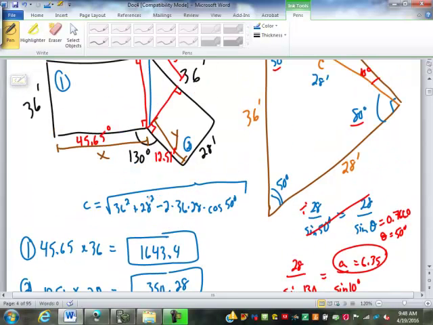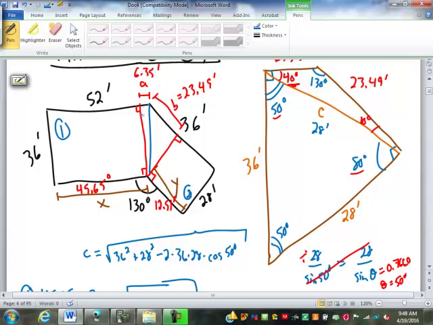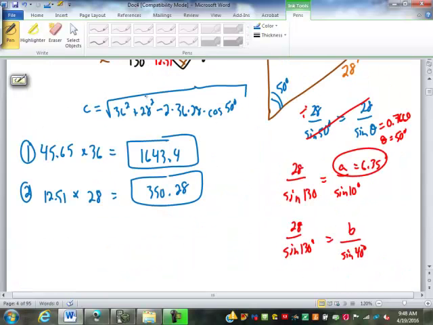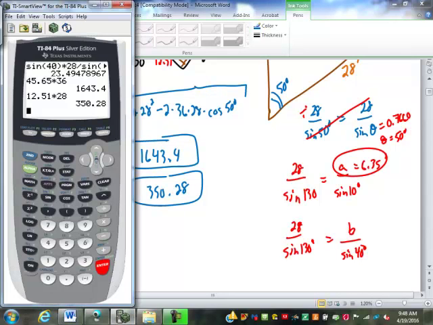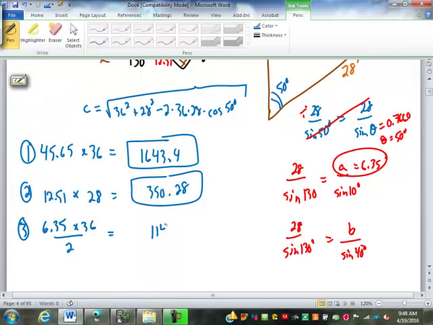Then we'll call this one here area 3, 6.35 times 36 over 2, giving us 114.3.